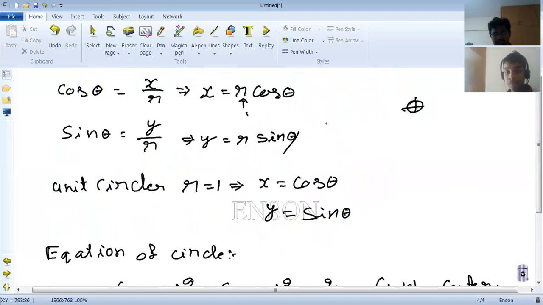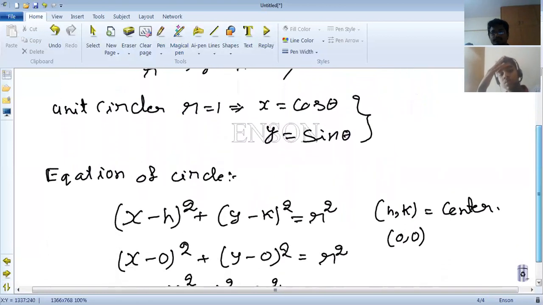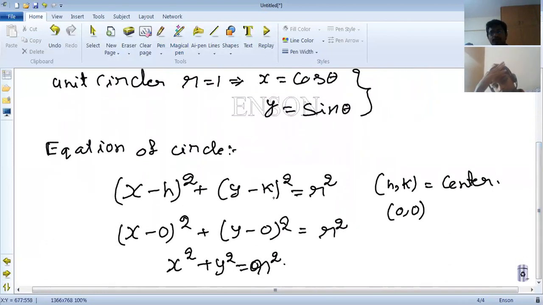You can consider this in the format of radians. Actually for the unit circle r is equal to 1, so you can write x equal to 1 cos theta, and y will be sin theta. And the equation of the circle with center 0, 0 will be x squared plus y squared is equal to r squared.